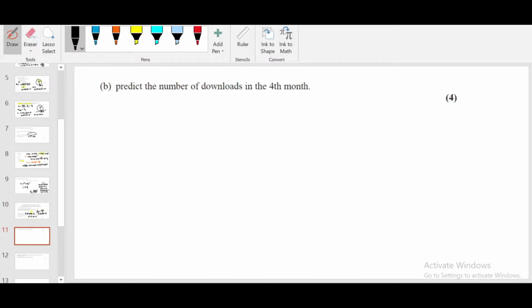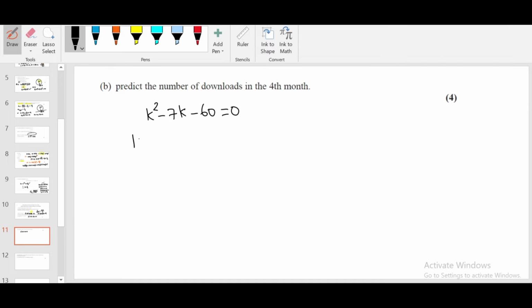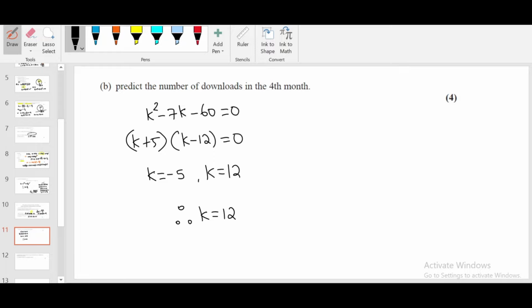So write the equation: k squared minus 7k minus 60 is 0. You got two values: k plus 5 times k minus 12 is equal to 0. Therefore k is equal to 12.